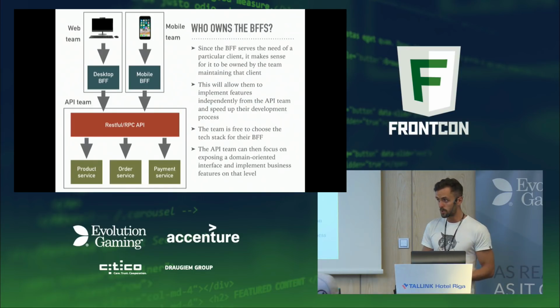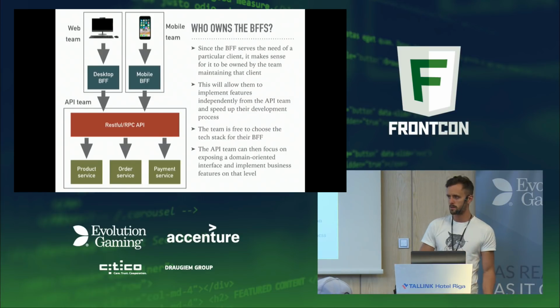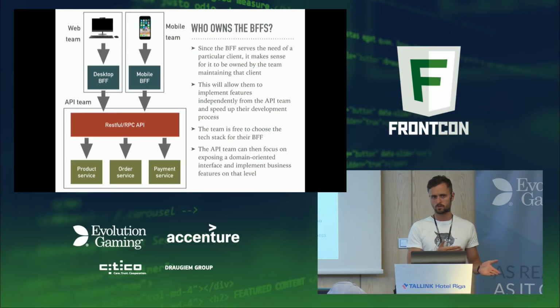It also gives them the ability to choose their own tech stack. So for instance, if we are doing a web application in JavaScript, it might make sense to do the backend in Node.js because it's quite easy to transition front-end developers to backend developers in Node. For a mobile app, it might be different. If they are doing a native mobile app, they can use Java. If they're doing a web-based app, like with React Native, they can also use Node.